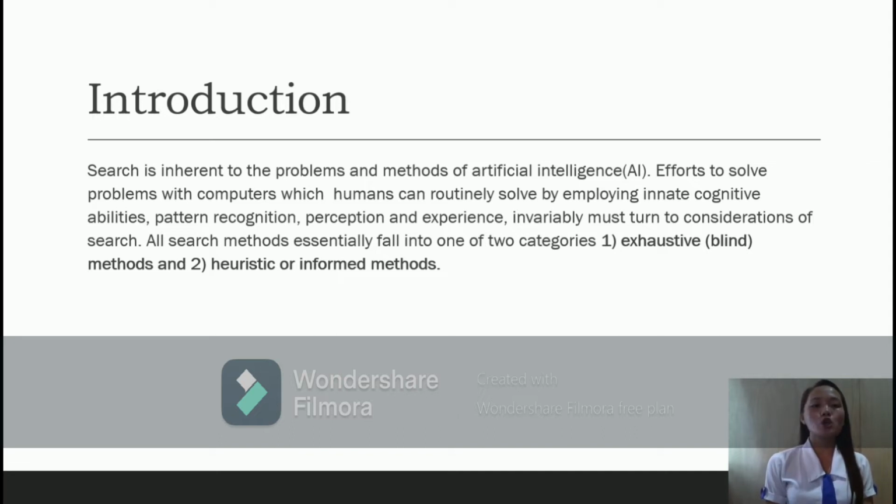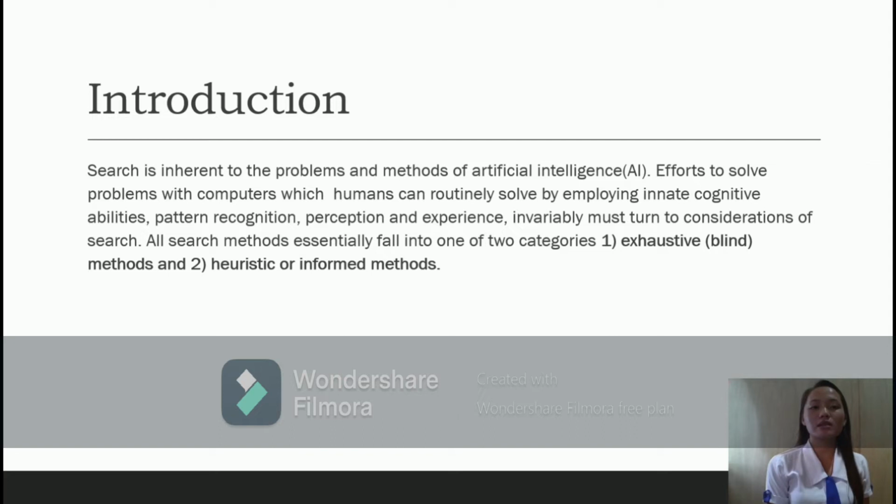Efforts to solve with computers problems that humans can routinely solve by employing innate cognitive abilities, pattern recognition, perception, and experience invariably must turn to consideration of search. All search methods essentially fall into one of two categories.